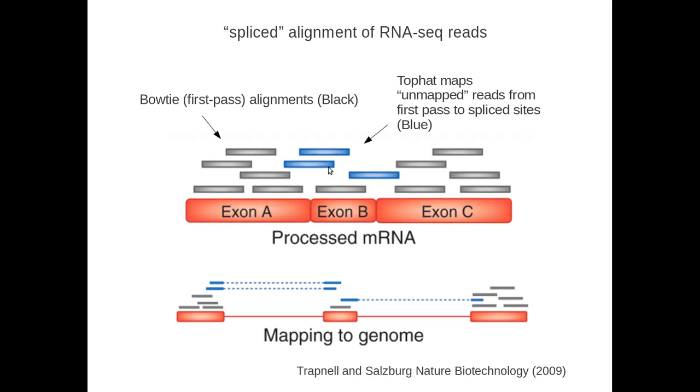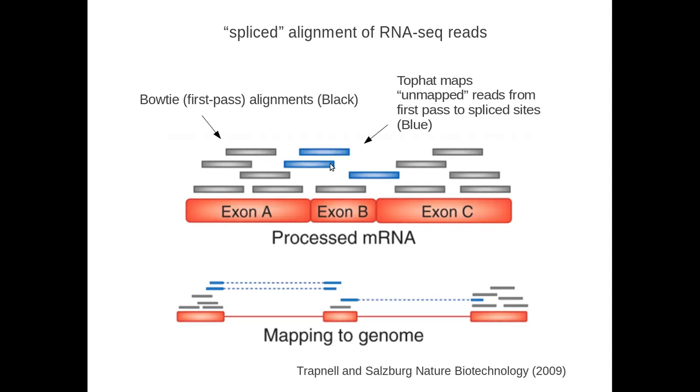So Top Hat first aligns with Bowtie, then it goes through and looks for reads that, if you split them, will map to exons on either side of a sequence like this. So it splits the reads and then looks carefully to see where those smaller subreads, if you will, map to the reference in this fashion. Okay, so that's how the spliced read mapping gets done.